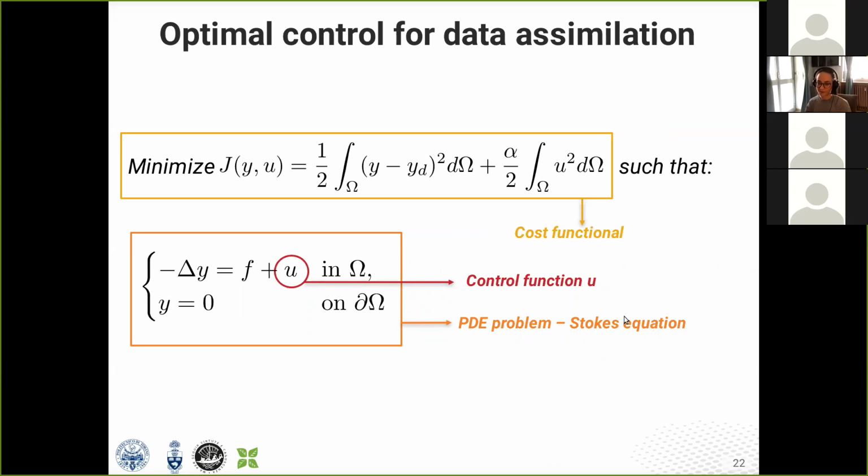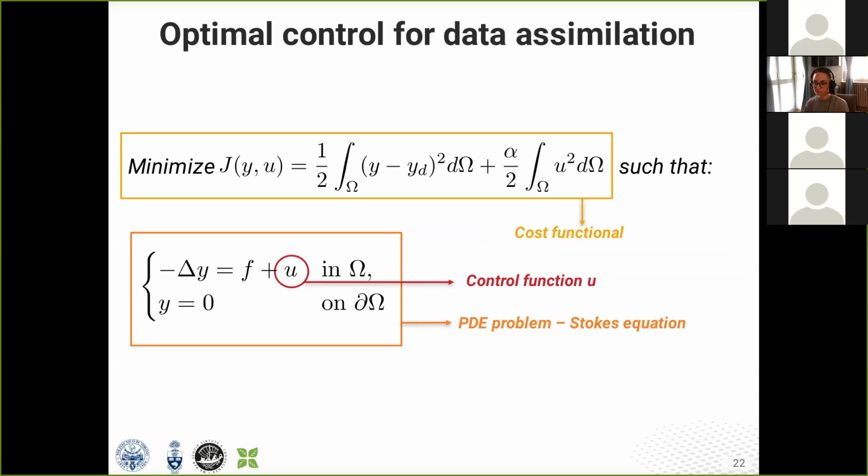Oh wait, that's an error, it's not the Stokes equation, I changed it, it's the Laplace equation. And you can minimize the cost functional while solving the PDE problem by defining a control function that is usually an unknown variable of your system, and you can tweak that, change it in such a way that the cost functional is minimized.